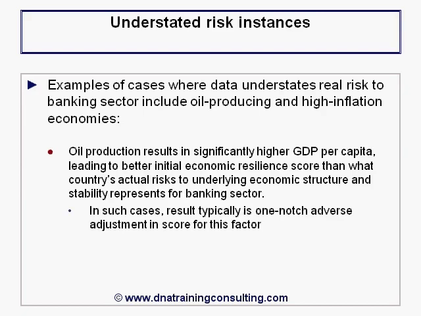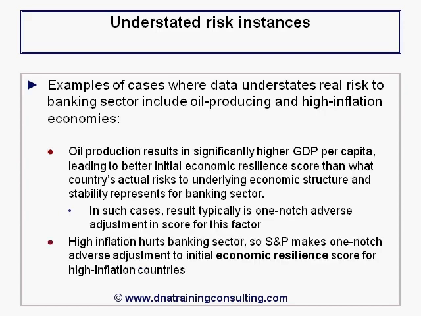In such cases, the result typically is a 1-notch adverse adjustment in the score for this factor. In a similar manner, high inflation hurts a banking sector, so S&P makes a 1-notch adverse adjustment to the initial economic resilience score for high inflation countries.